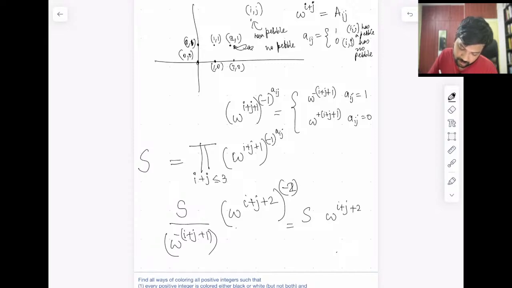Plus 2, omega power minus 2. I'm getting S into omega power 2 into (i+j).